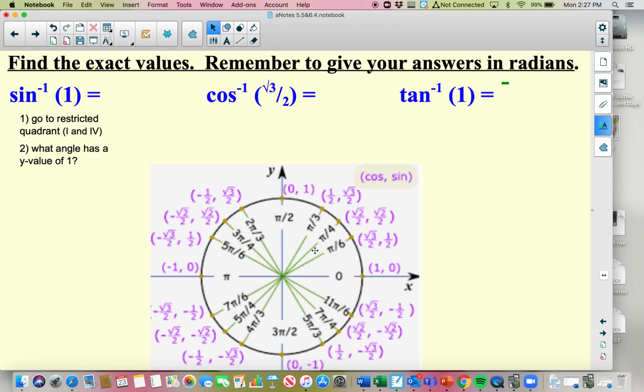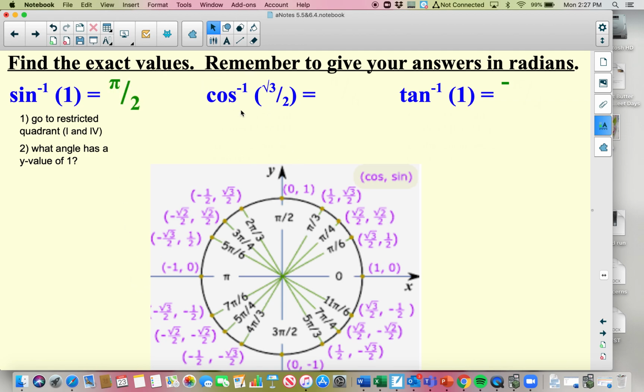Sine is positive in quadrant 1, and 1 is positive, so I know I'm in quadrant 1. And where is y equal to 1? That's at π/2. So the answer is π/2.